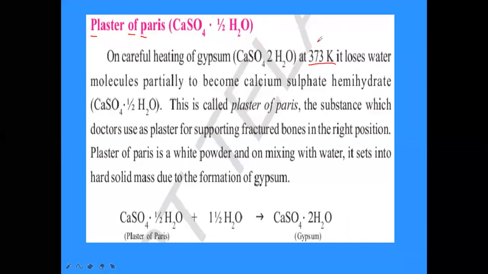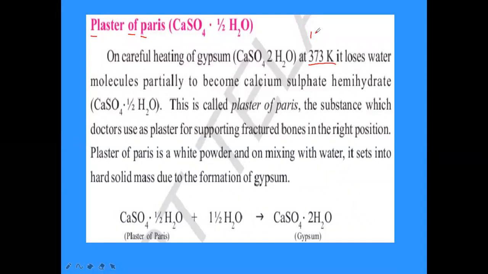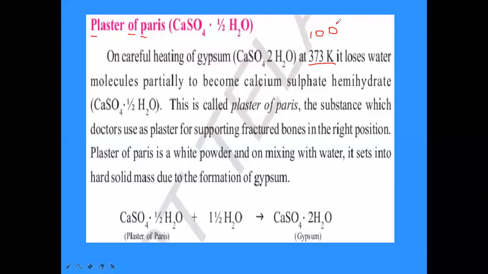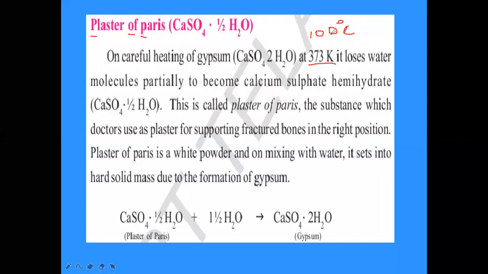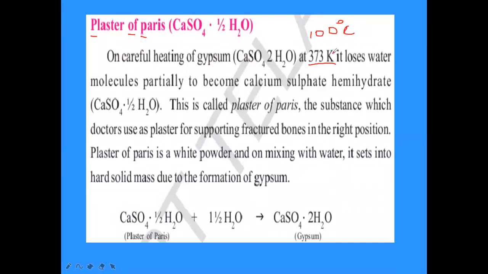To convert Kelvin into Celsius, Kelvin temperature minus 273 gives degrees Celsius. So 373 minus 273 is 100 degrees Celsius. At this temperature, if you heat gypsum, we get plaster of Paris.